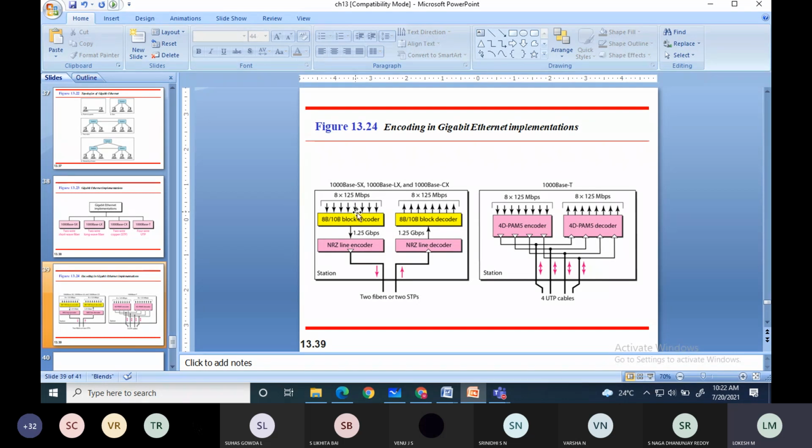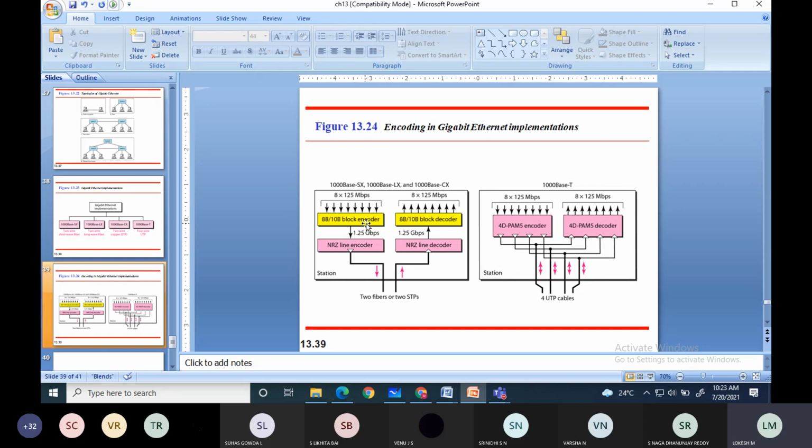The technique is block encoding, at one level, which gives 1.25 Gbps. Once it is encoded, it increases the transmission rate from 1000 to 1250 Mbps, which becomes 1.25 Gbps.